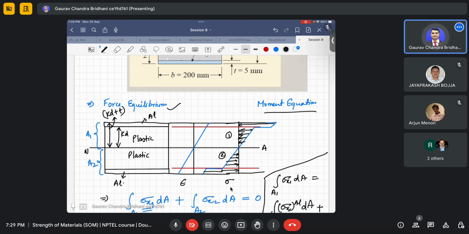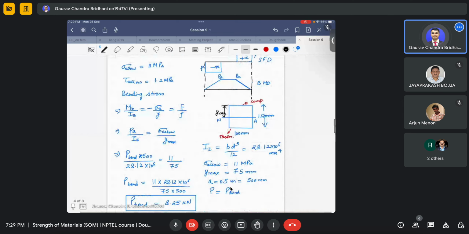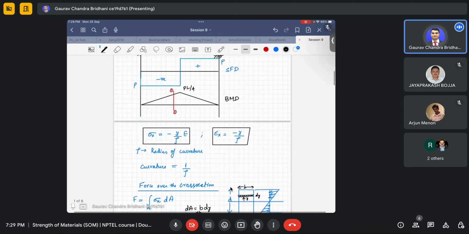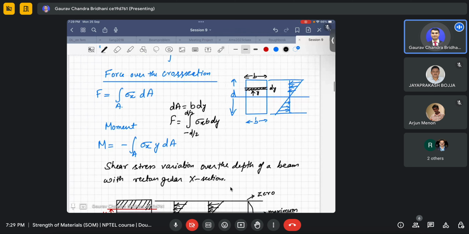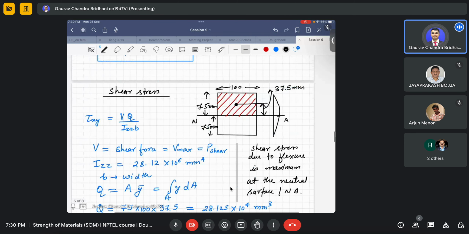I discussed in the initial part of the session how moment is written. So m is nothing but minus the integral over the area A of sigma x into y dA. We will also use the same.